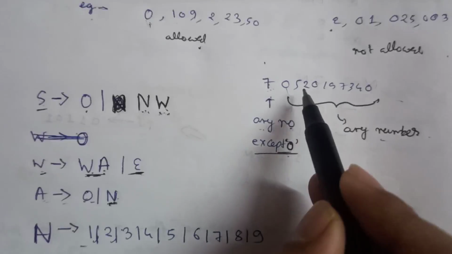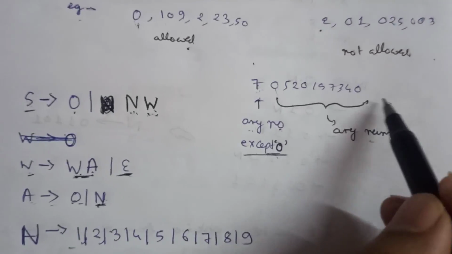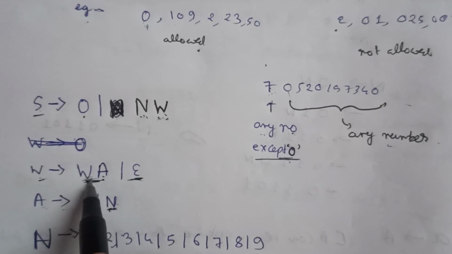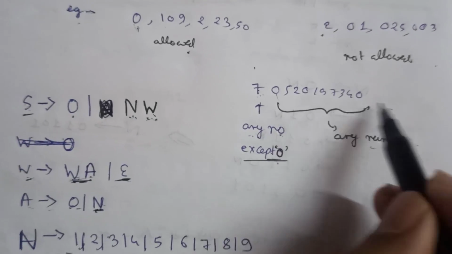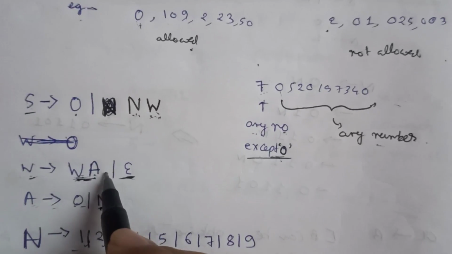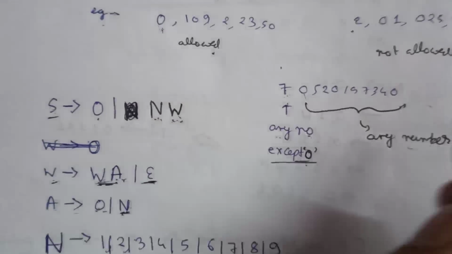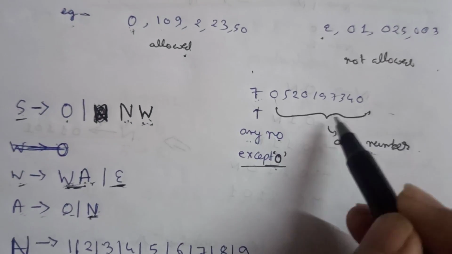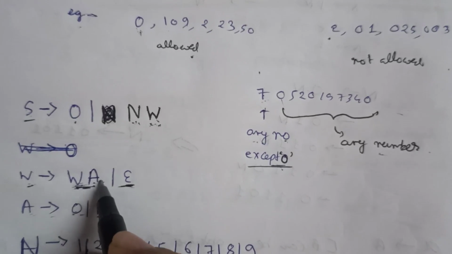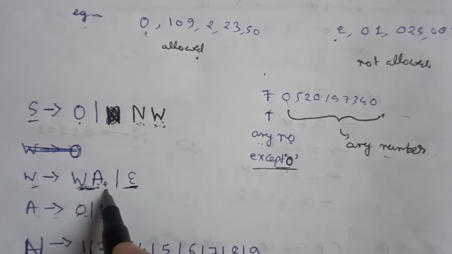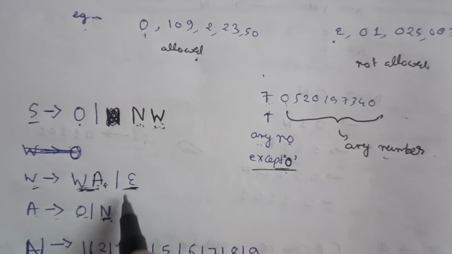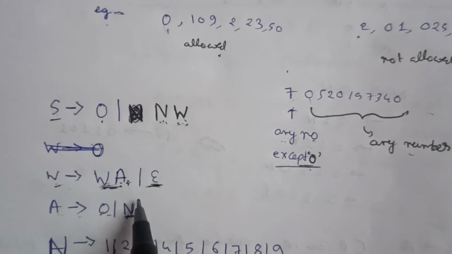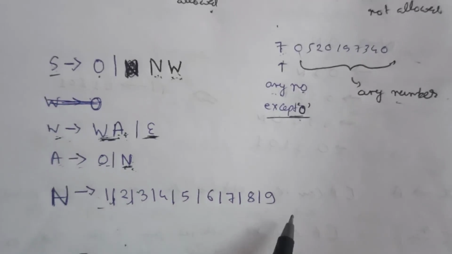As the rest of the part grows recursively and can have any length, I have written W to WA to make a recursion and grow the length. This A part can be 0 or any natural number, and W to null will help to end the recursion. And natural numbers, we already know, are 1 to 9.